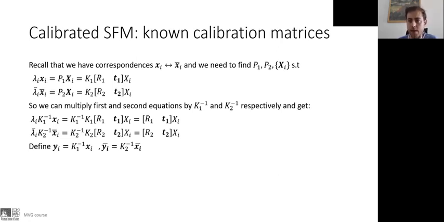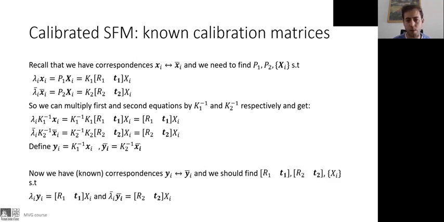So we just get a new set of correspondences, yi corresponding to yi bar, and usually they're called normalized point coordinates.